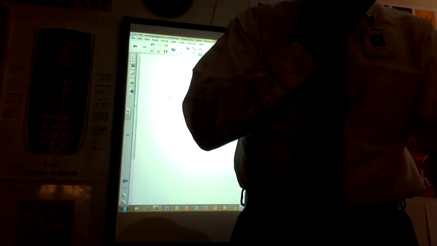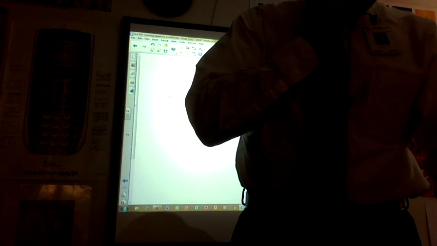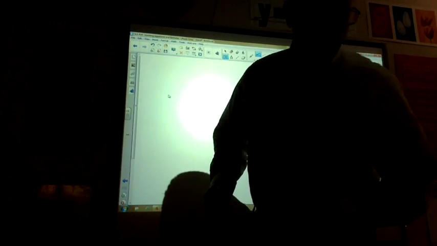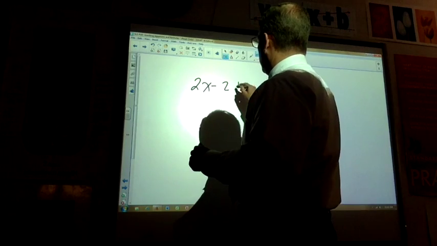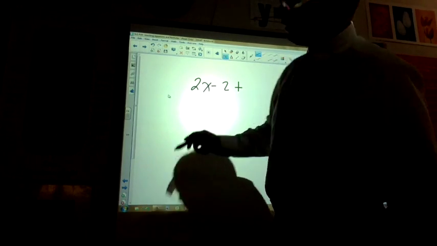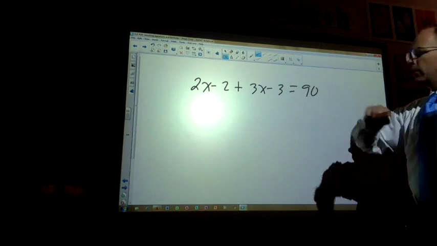For a problem like 6A, how would you solve it? 6A. Solve the given following angles. They're complementary. Okay. So 6A, you have this angle, 2x minus 2, and if we add it to this angle, 3x minus 3, and we know they're complementary, they're going to add up to 90.